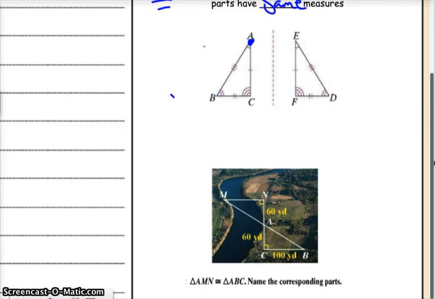Here's usually what I do; when I first started, I got really confused. I broke it up into segment and angle congruency statements. I'm going to pick a point to start at. I don't care which point you pick, you just have to be consistent.